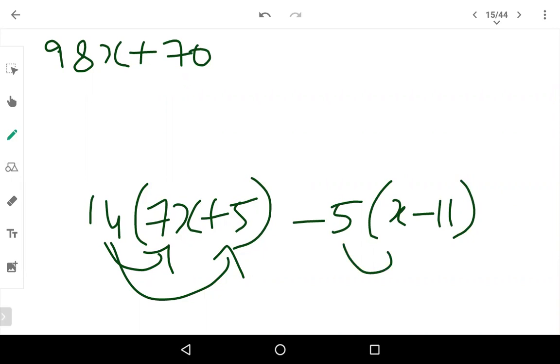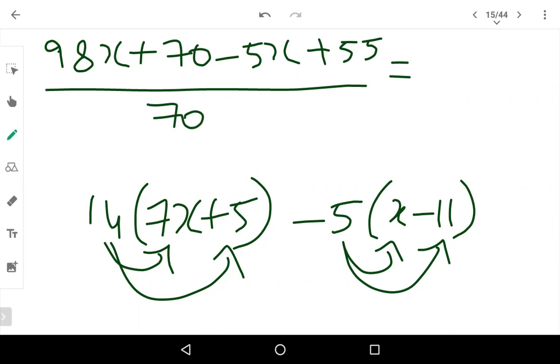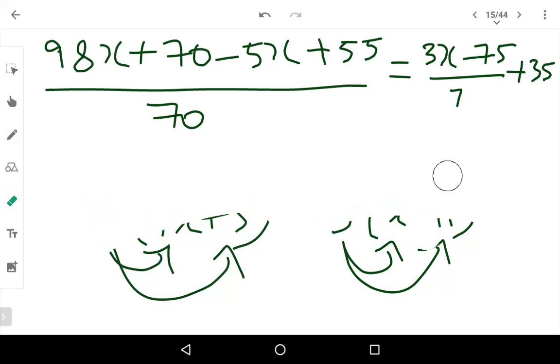So minus 5 into x is minus 5x. Minus 5 into minus 11 is plus 55. Whole divided by 70 is equal to 3x minus 75 by 7 plus 35. The RHS will remain as it is. I am not changing anything with the RHS yet. Okay, so this is our next step of simplification.